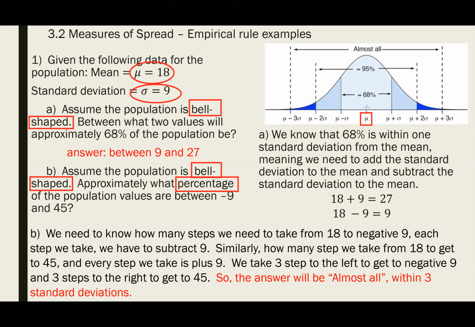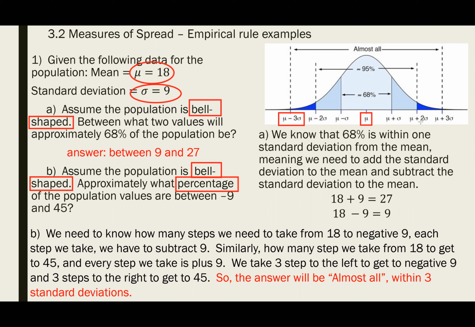In this case, everybody see that 18 take away 9 gives me 9. If I take one more step, 9 take away 9 will give me 0. And if I take one more step, 0 take away 9, I will have -9. Or if you plug in 18 minus 3 times sigma, you will see that you have -9.